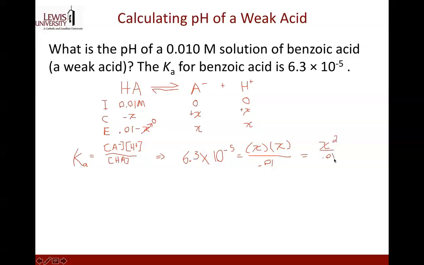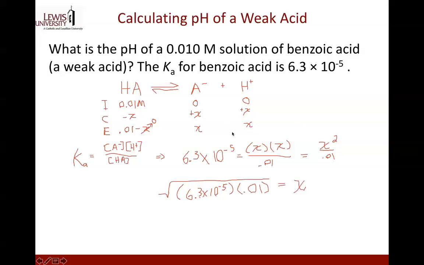When you have a weak monoprotic acid, this is going to be pretty simple. We're just going to take the Ka value, 6.3 times 10 to the negative fifth, multiply it by the initial concentration of the acid, in this case 0.01, and take the square root of it. And that will give us the value of X.